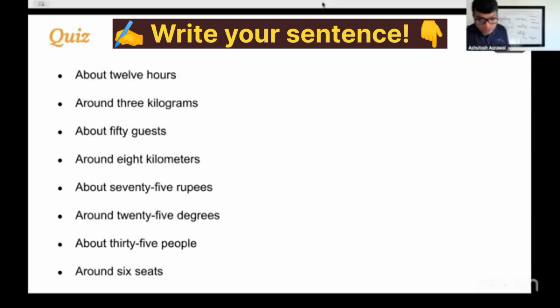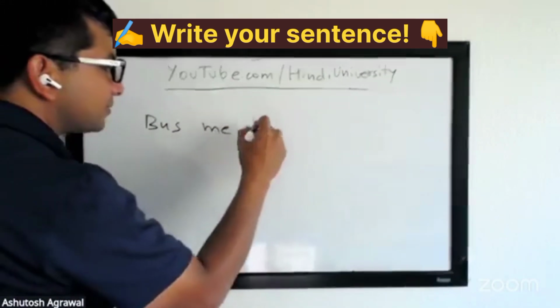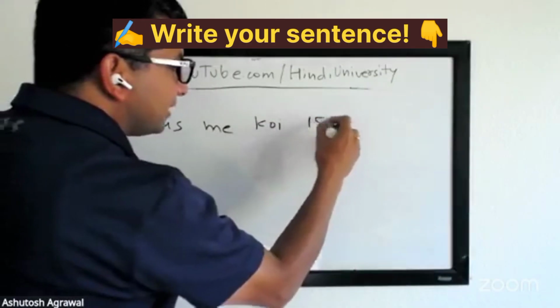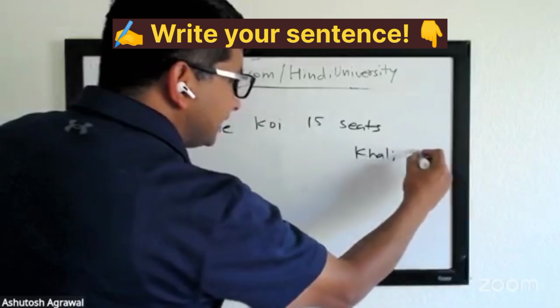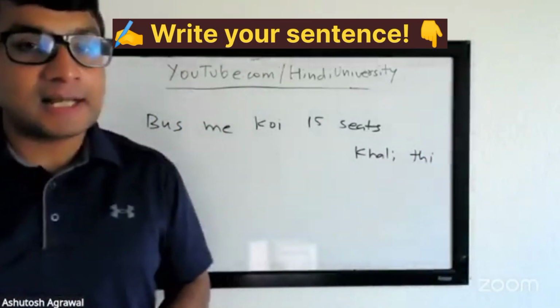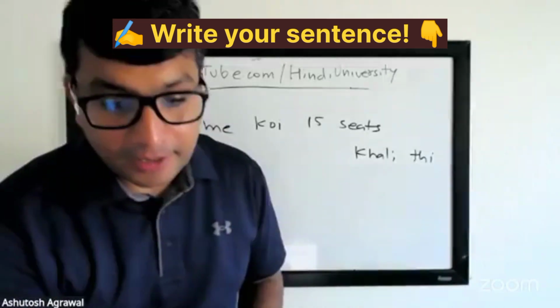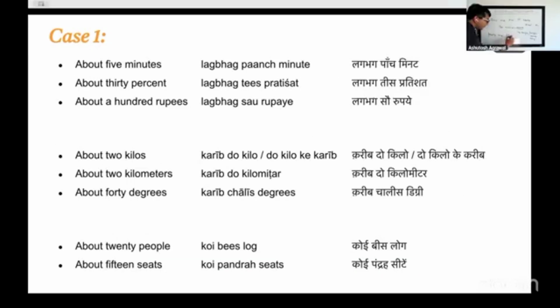So you can say: बस में कोई 15 सीट्स खाली थी. Now you want to say about 20 people came to the party. How will you say that? Very good. पार्टी में कोई 20 लोग आए.